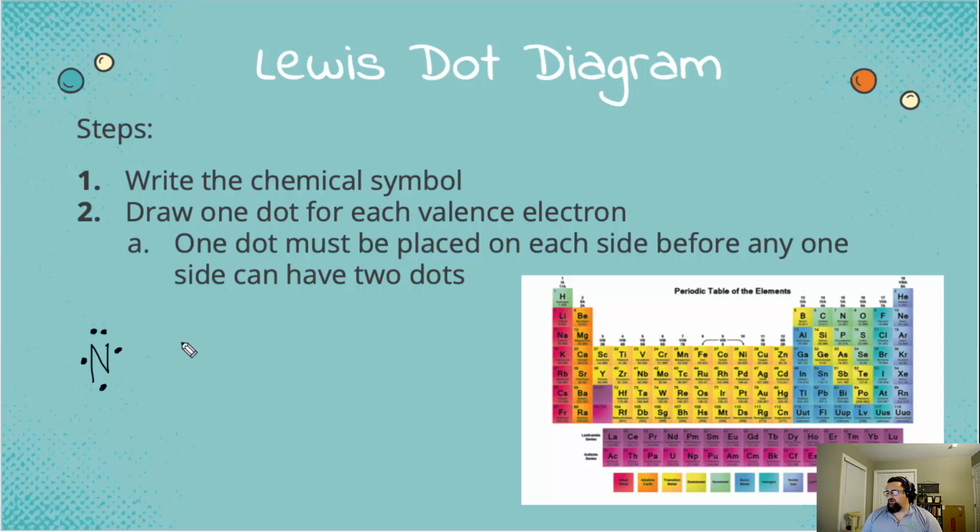How about fluorine? Fluorine's in group 7. 1, 2, 3, 4, 5, 6, 7. The one thing is, it doesn't matter where you put these, as long as there are 3 sides with 2 and 1 side with 1.